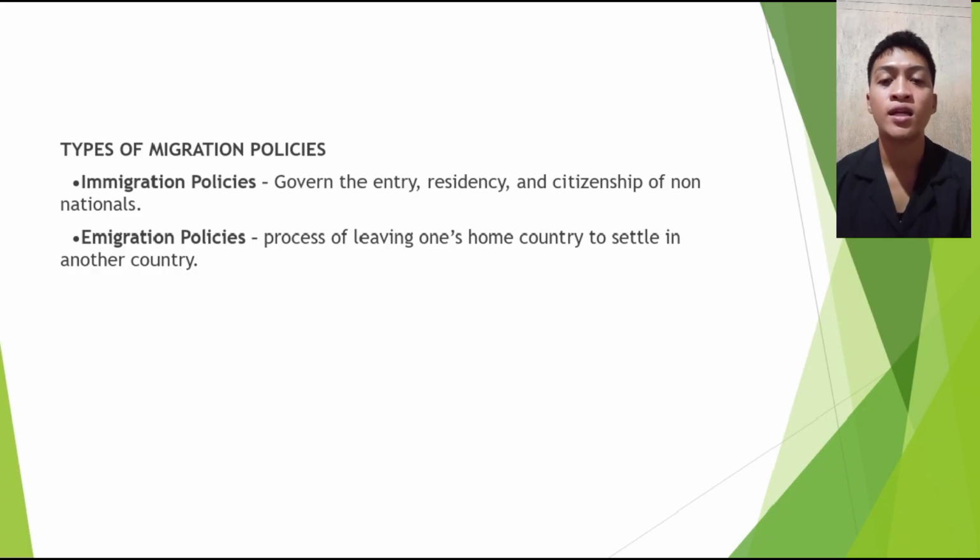And the second one is emigration policies. These are rules about the process of a person leaving their home country to go live somewhere else. For example, a country that requires its citizens to get an exit permit before they are allowed to permanently move away. And that would be all.